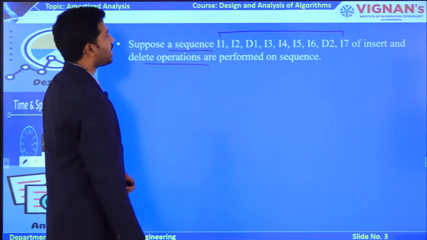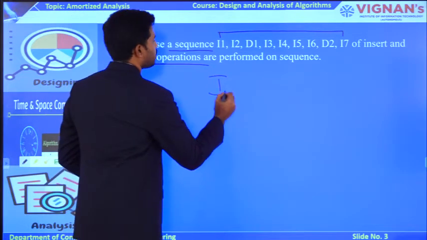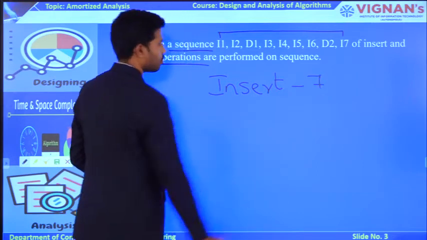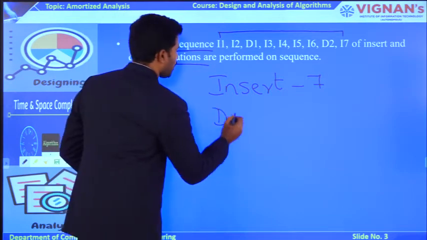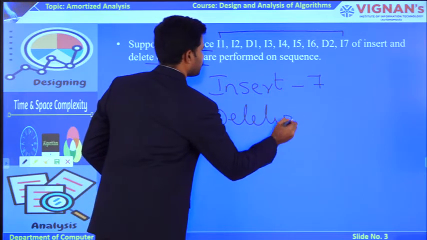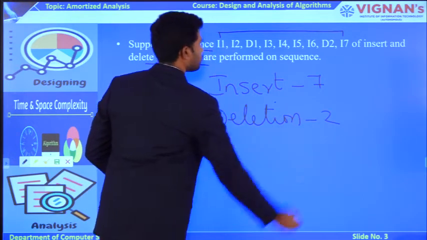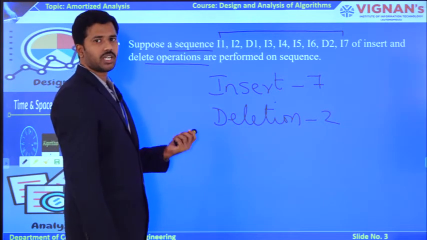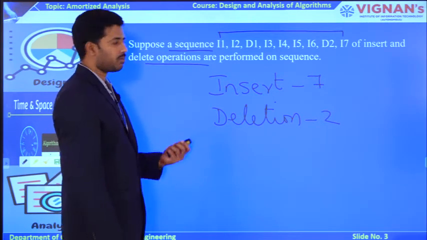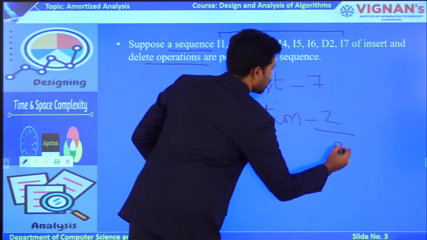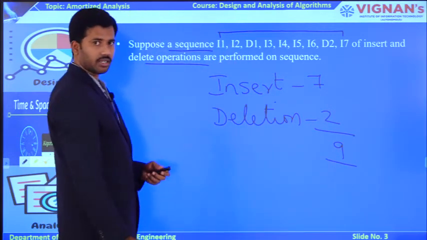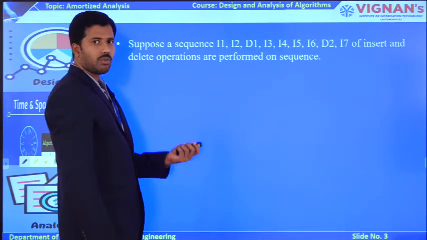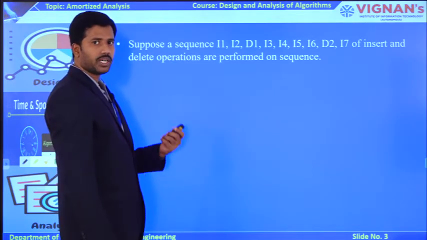It contains 7 insertion operations and 2 deletion operations. So in total, how many instructions are available in this sequence? 9.